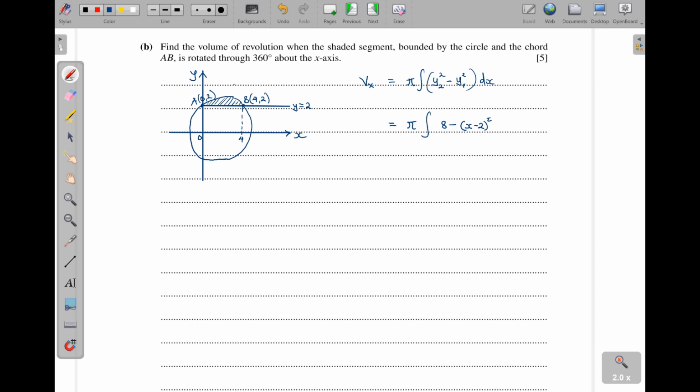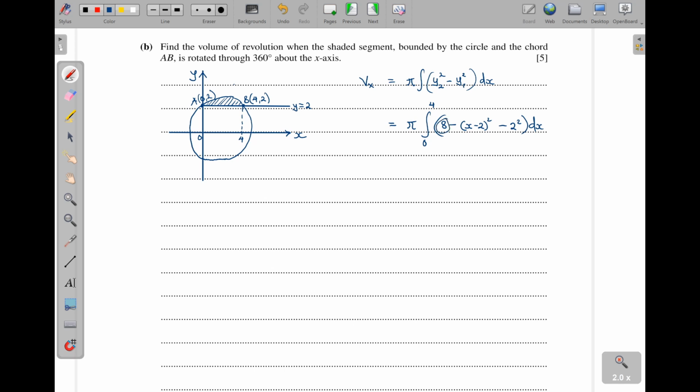Then we subtract y1. This is the one before, I mean the one down here. That is y is equal to 2. So I will just put minus 2 squared like this. Then dx from the x coordinate here is 0 and then here it is 4. So 0 to 4.